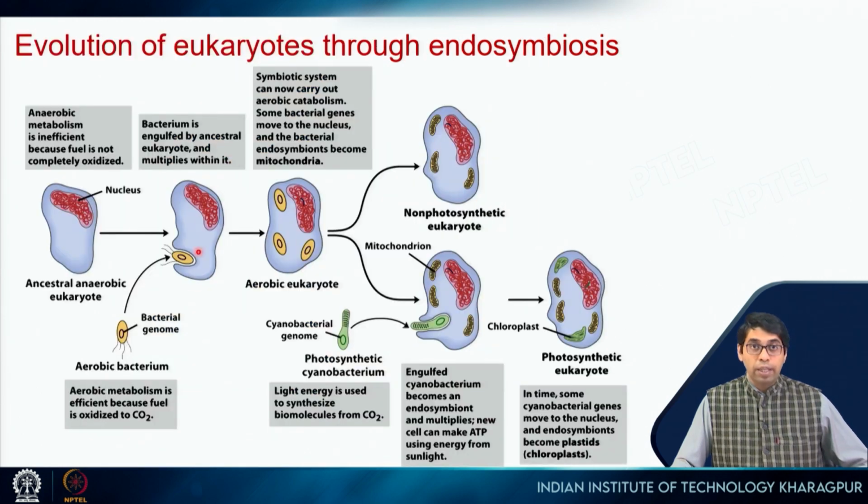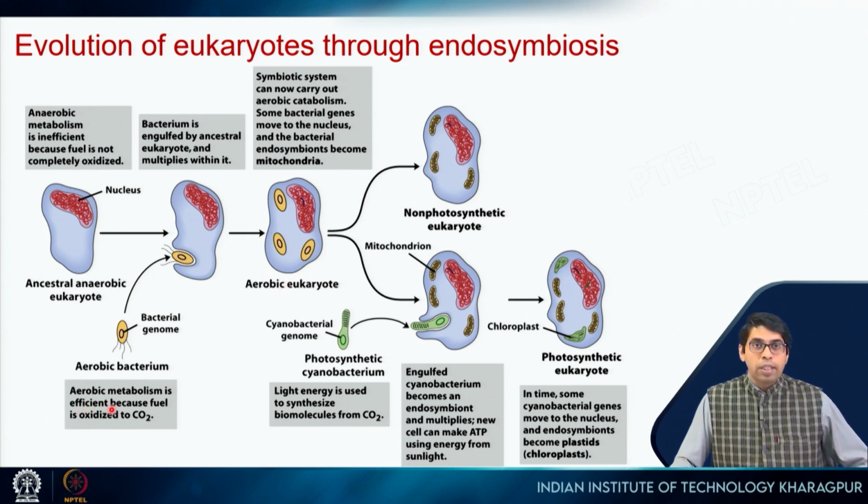It can be a case of infection, where this bacteria infects this eukaryote, but then it survives in this high energy rich environment, and then some sort of symbiosis happens in some cells. That results in the evolution of the aerobic eukaryote.